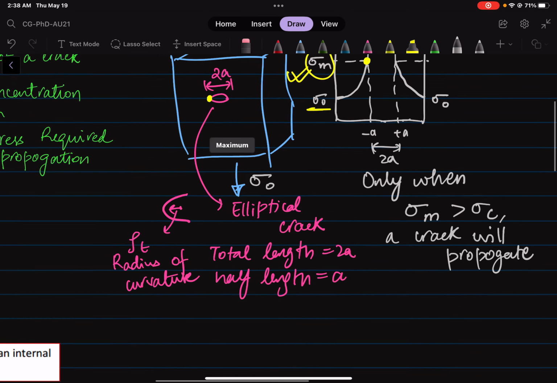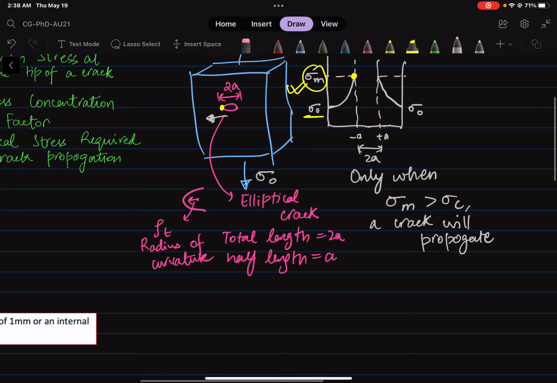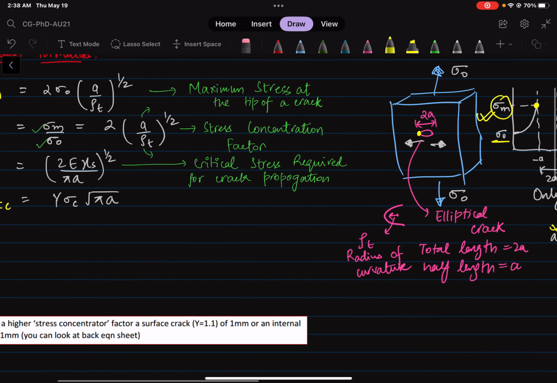This crack will move and propagate through the material only when your sigma m is greater than sigma c. So this becomes a critical and important condition when designing materials so that they don't fail. So we will design a material in a way that the sigma m remains less than the sigma c so that it does not fail, so that the crack does not propagate.